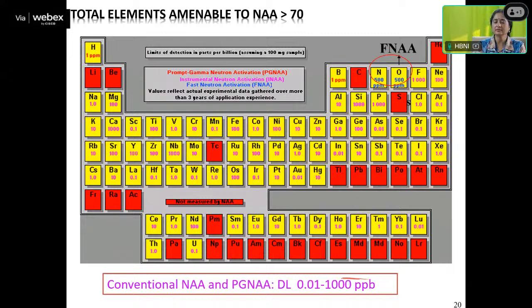The blue color elements are for fast neutron activation analysis, meaning a fast energy neutron has to be bombarded on them. With this color code, in one look at the periodic table you can know which elements can be done by neutron activation analysis and what their detection limits are.